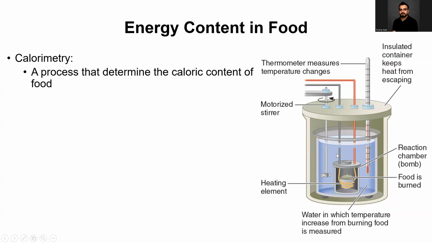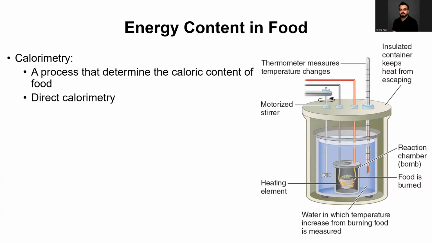So this device is called a bomb or chamber. It is a calorimetry device. Again, calorimetry is a process that determines the caloric content of food. And we mentioned that the energy inside the energy balance equation comes from food and beverage consumption. So the food or beverage, they just put it here and then burn it.